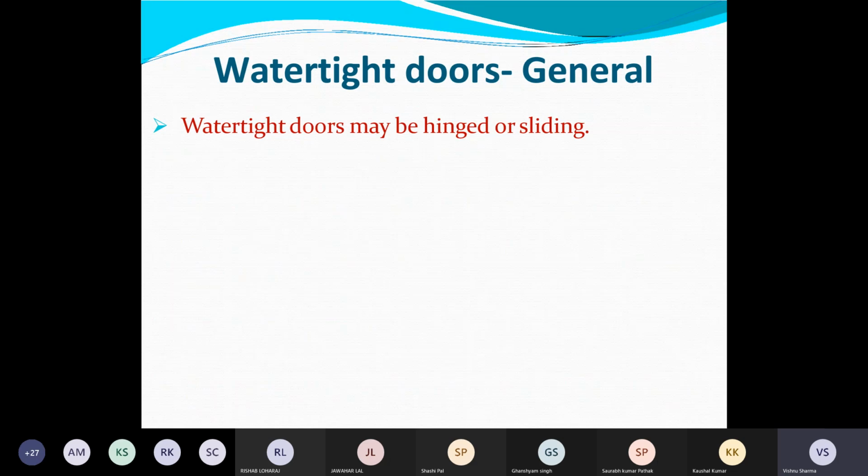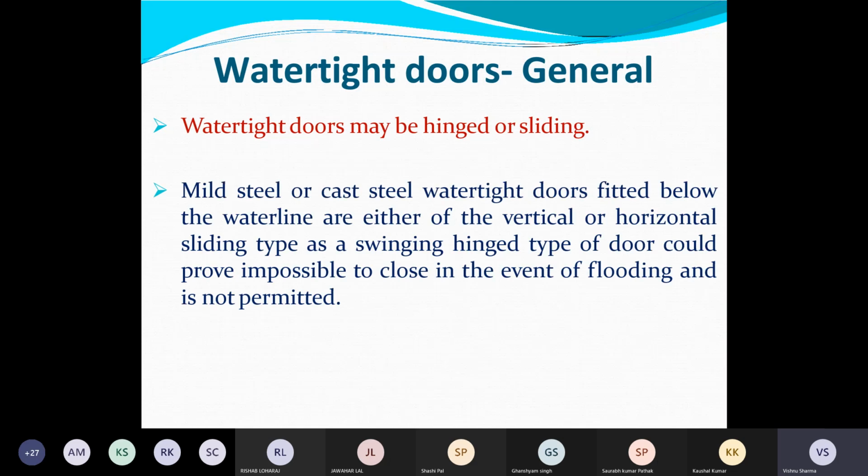Now, what could be the possible types of watertight doors? These watertight doors may be hinged like the doors of our houses, or they may be of sliding type. If they are sliding type, they could slide in the horizontal plane, called horizontally sliding watertight doors, or vertically sliding watertight doors.